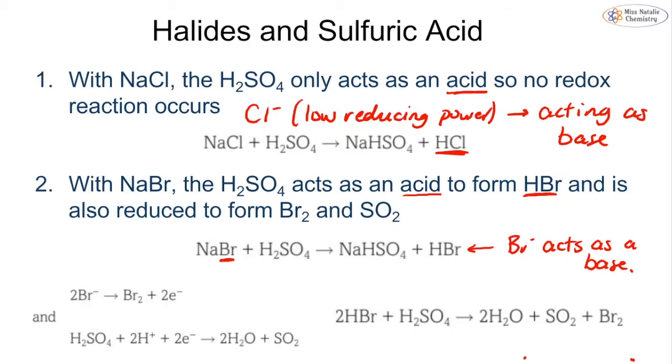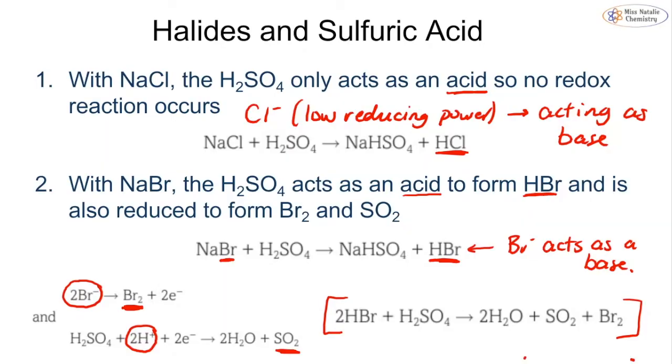We're reacting and we're getting a similar equation that we see with the chloride. The HBr that is formed here are your misty fumes, but then that HBr can undergo a redox reaction, and in this case we have the bromide and the hydrogen ion from the HBr reacting in these redox equations in order to form our bromine as a product and our SO2, and we can combine those half equations to give us this overall equation here.